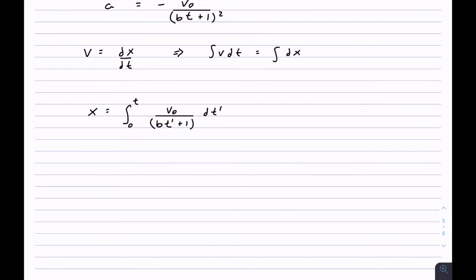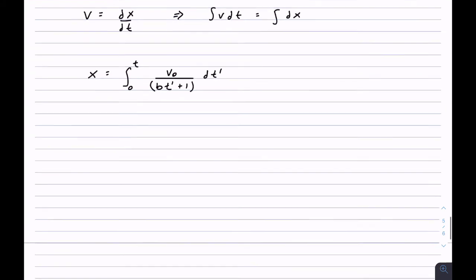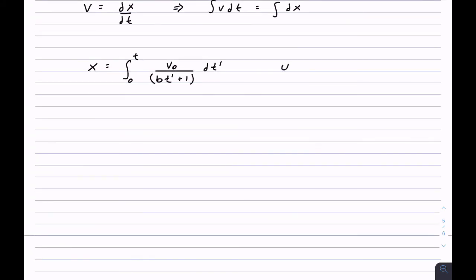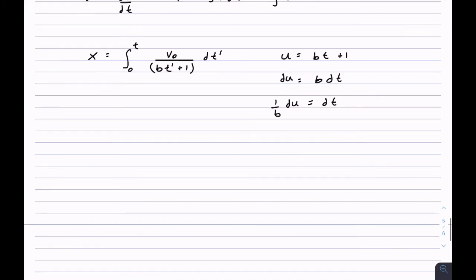The easiest way to do this integral, in my opinion, is to do a u substitution. Let's do a substitution for the function in the bottom. U is equal to bt plus 1. That means that du is equal to b dt, so 1 over b du is equal to dt. That's useful information.